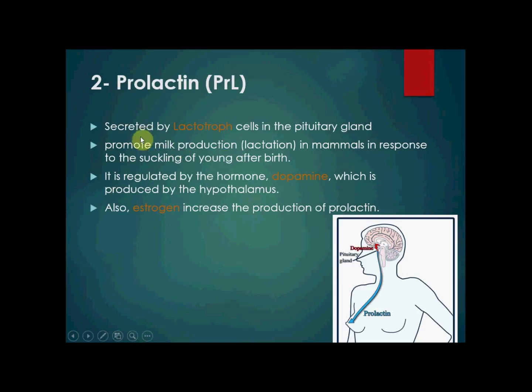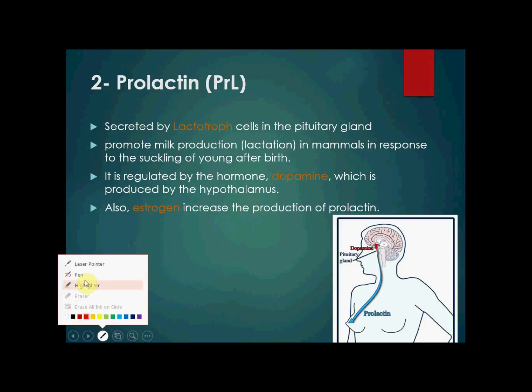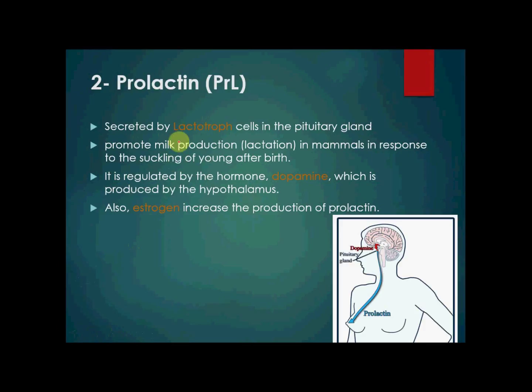Now we have prolactin. Prolactin is secreted from the anterior pituitary gland, of course, from cells called lactotrophs. Again, from the name, lacto means lactation. It promotes milk production in mammals in response to the suckling of young after birth.